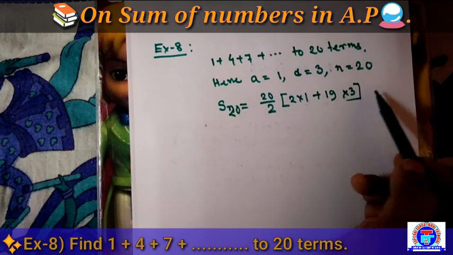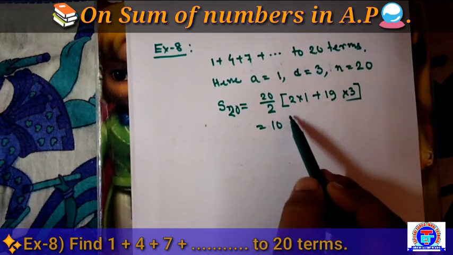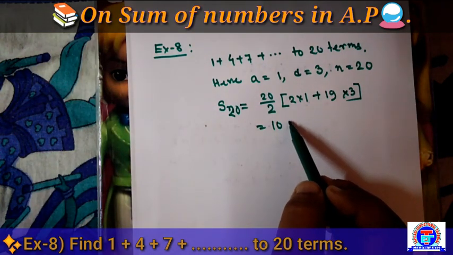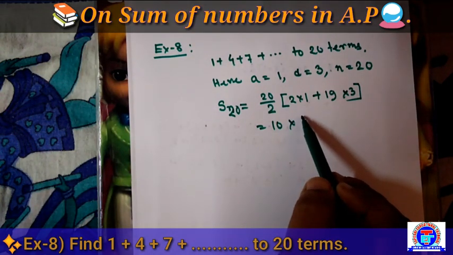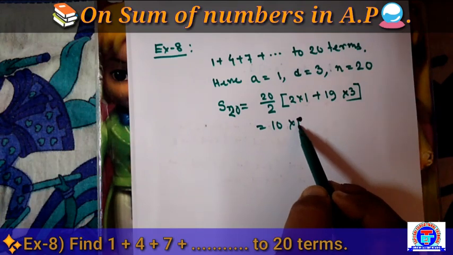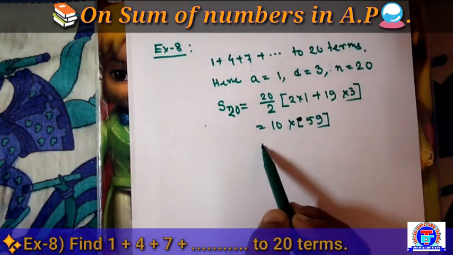So this will become 10 and this one 2 plus 57, that means 59, right?